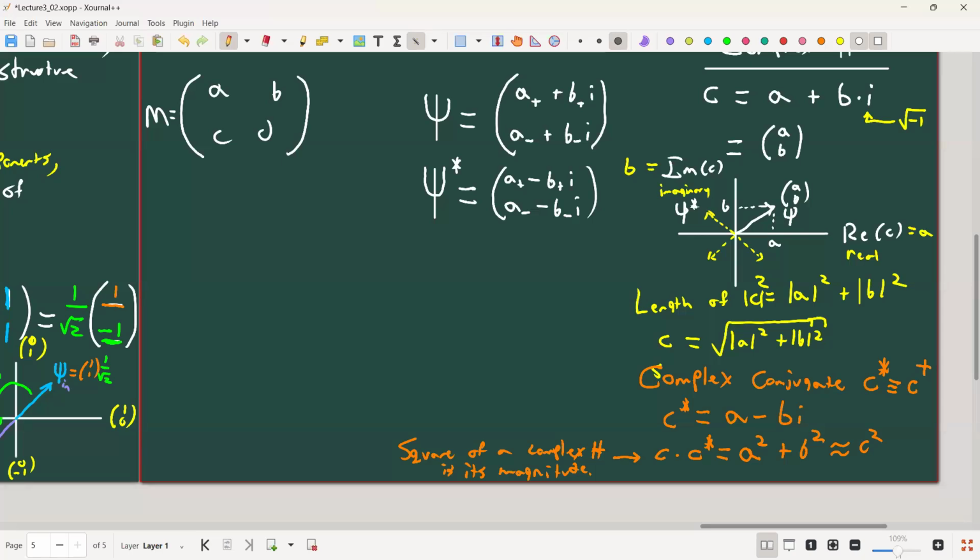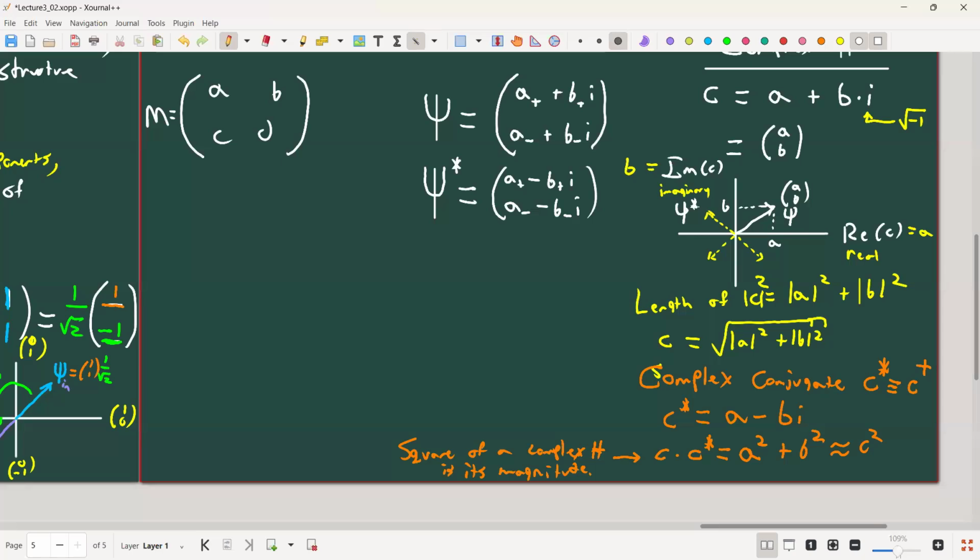Why is that relevant? Well, we're not going to see this in this class, actually, maybe not, but we'll see something similar to it. When you have a wave function that's a complex vector, that's a column, and you take the complex conjugate of it, then that's equivalent to taking a column vector and making it a row vector.